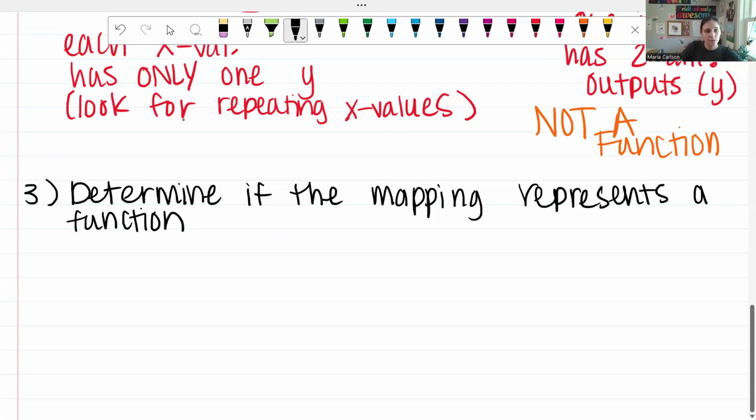So here is our mapping. We have set A and set B. Set A is the numbers -2, 6, 10, and 18.